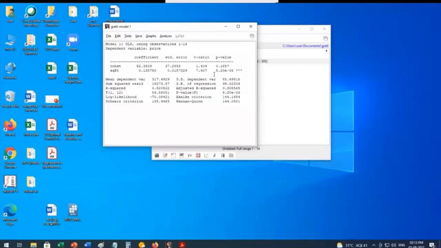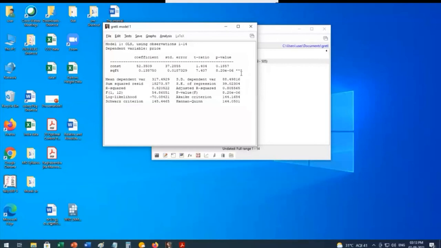That we are rejecting because the estimated T value is greater than the critical value at 5% level, that is 1.96. Similarly, the P value. See this P value, whenever we find E minus, then take the P value as equal to 0. So here the P value is equal to 0. That is why we have 3 stars. If the P value is less than 1%, then we will have 3 stars here.